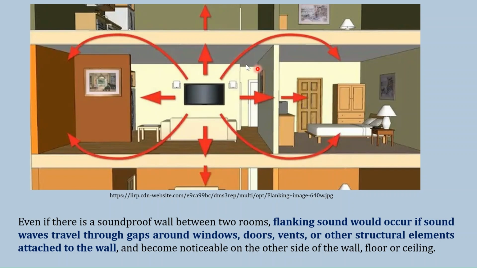But even after having soundproofing for a particular room, flanking transmission may occur if the sound waves travel through the gaps around the windows, doors, vents or other structural elements attached to the wall, and this becomes noticeable on the other side of the wall, floor or ceiling.